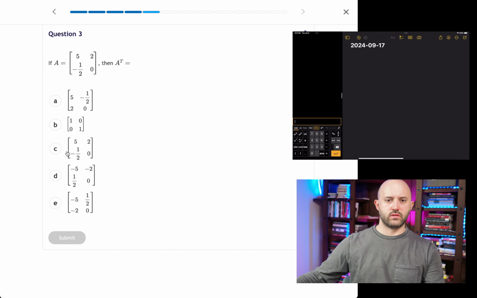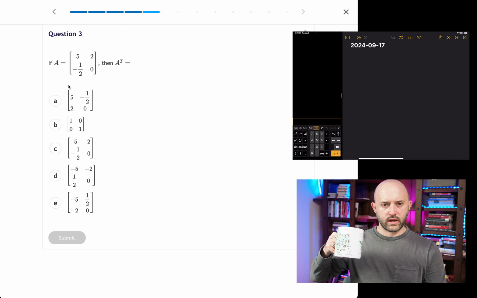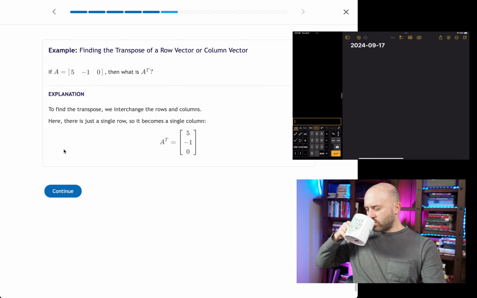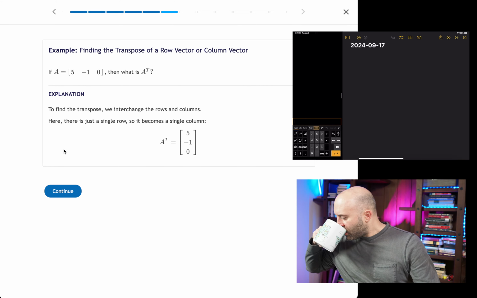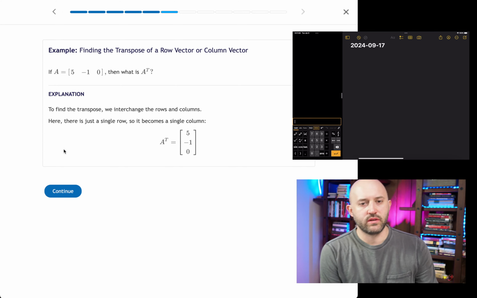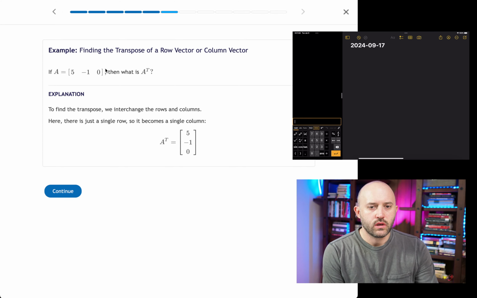If A transpose, so 5, negative a half on the top, 2, 0 on the second. The negative sign hasn't screwed me up, right? Okay. Transpose. Okay, a bit of a drinking problem there. What's the transpose? Make it a column vector. Yep.